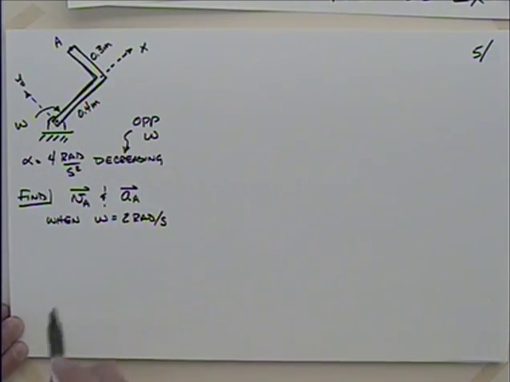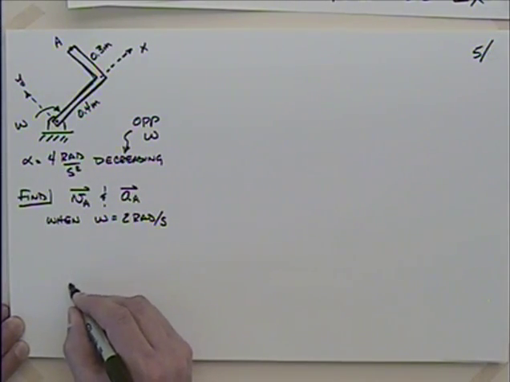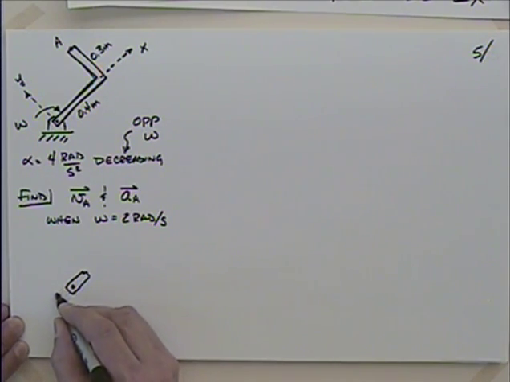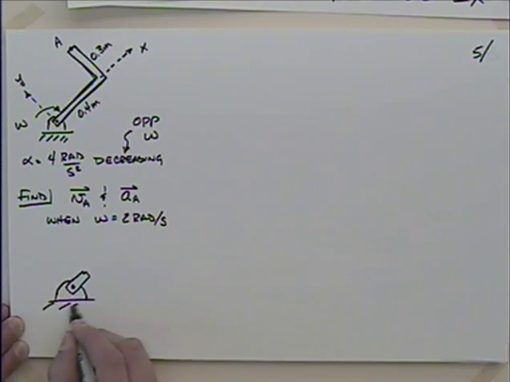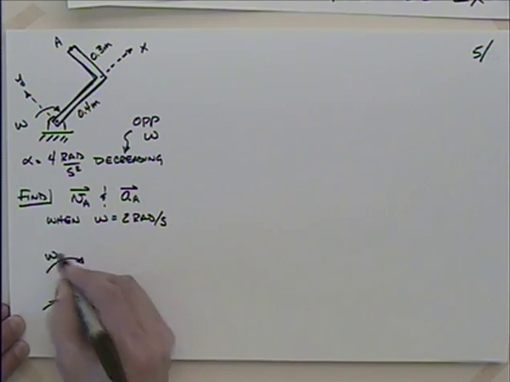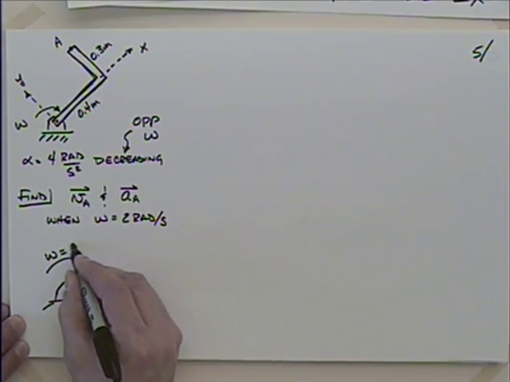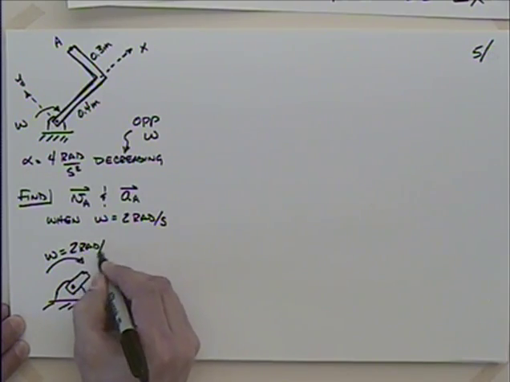So probably the first thing I want to do is look at this point out here. I'll kind of blow up this picture with what we have there. And we're told that omega is going like this, and alpha, and that's to the tune of what? 2 radians per second.